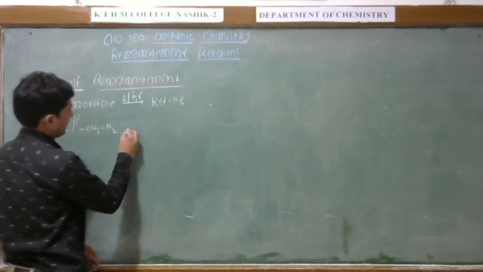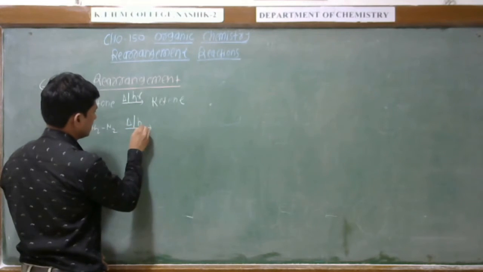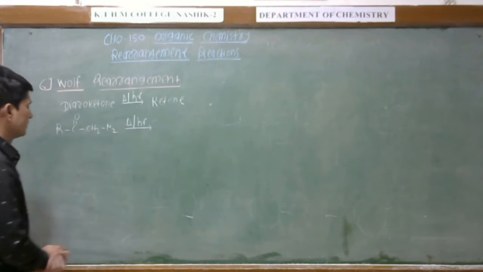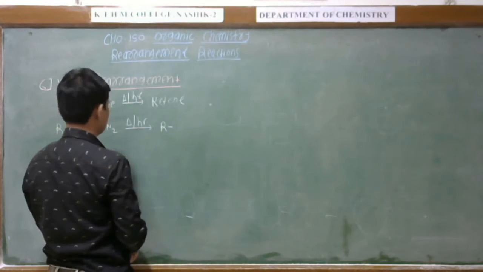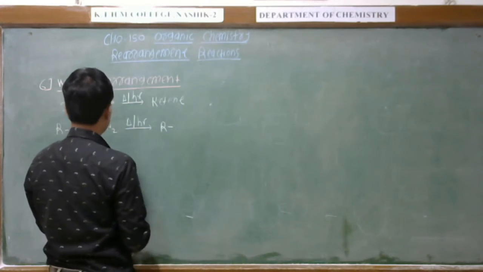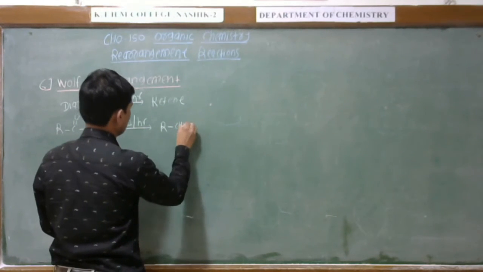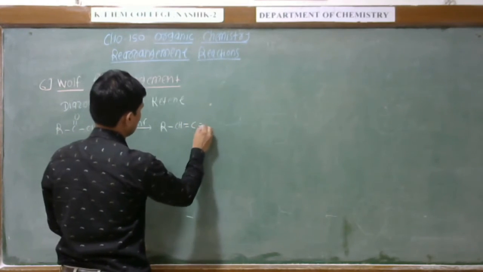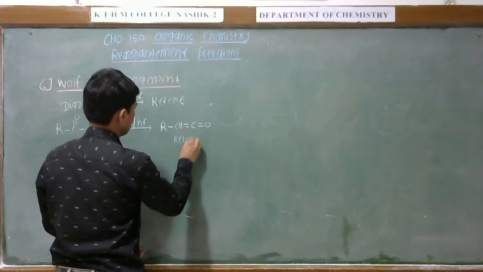Now this diazoketone will be heated or irradiated with light. Then it gives the ketene. Ketene is nothing but R CH double bond C double bond O.